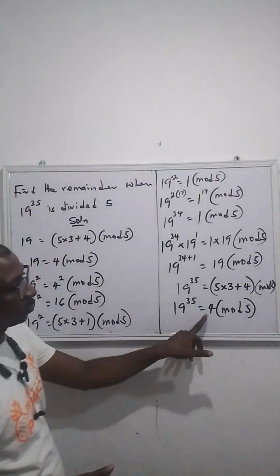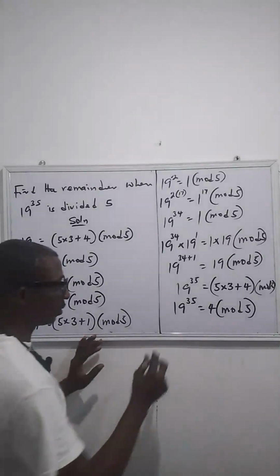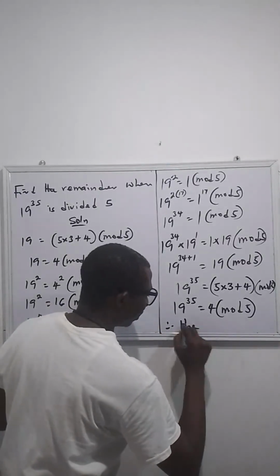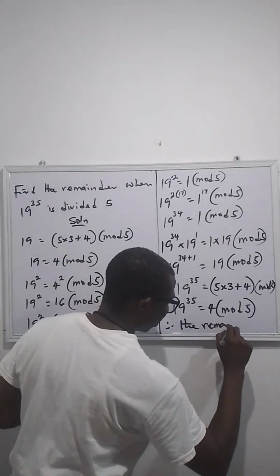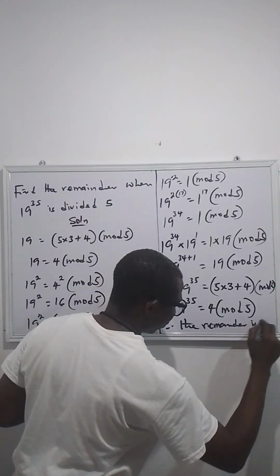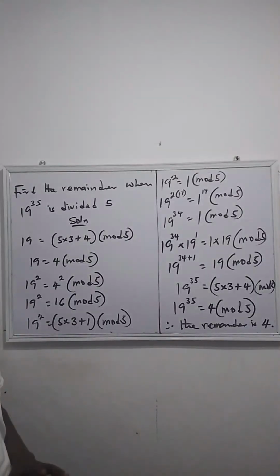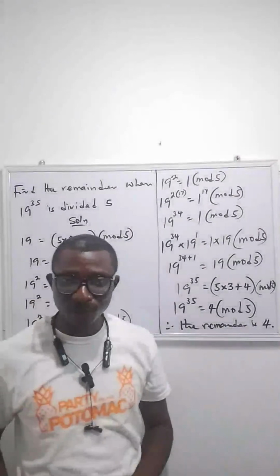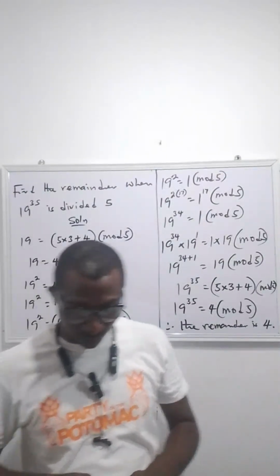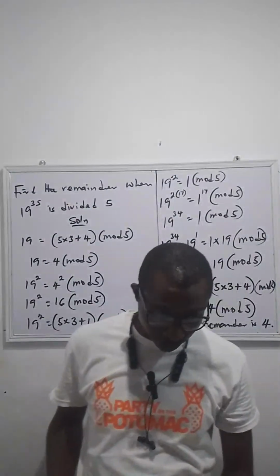Okay, so now don't forget this is the remainder. So therefore the remainder is 4. The remainder is 4. So that's how to get that. So yes, guys, I want to believe you understand that explanation.